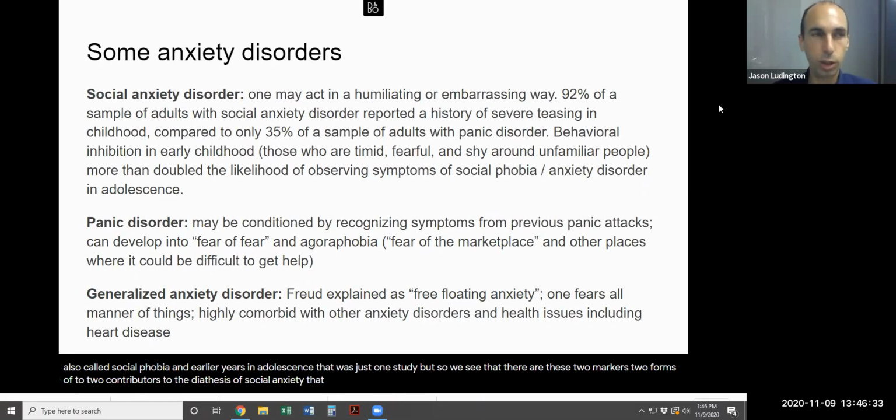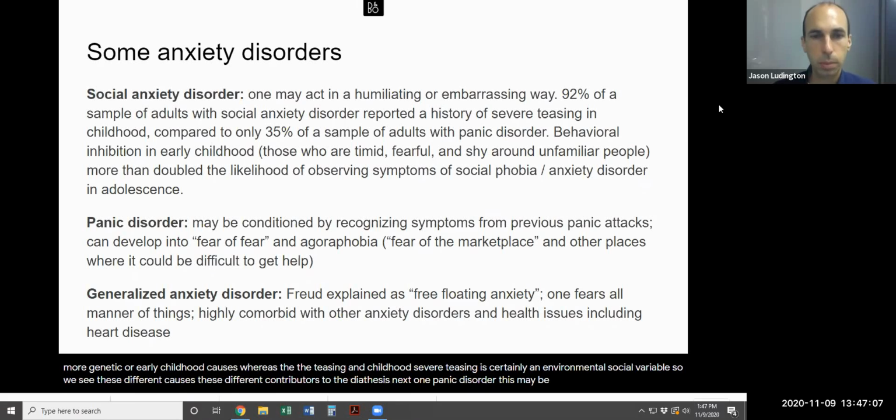That natural, innate behavioral inhibition, which is probably more genetic or early childhood causes, whereas the teasing in childhood, severe teasing, is certainly an environmental social variable. So we see these different contributors to the diathesis. Next one, panic disorder.